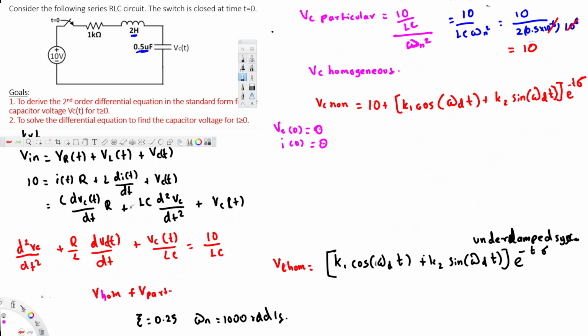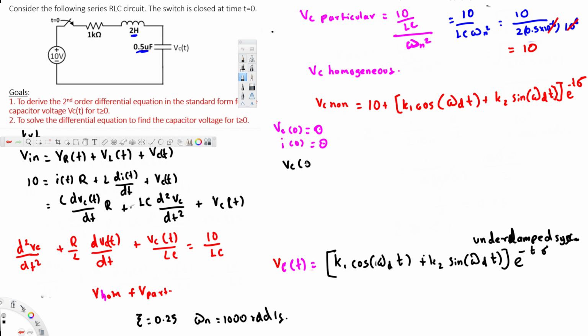Since we have the Vc condition, we can plug it directly into this equation. Instead of writing Vc homogeneous, I'm going to write it as Vc of t, so it will be clear. When time is equal to 0, Vc is 0, so let's do that first.